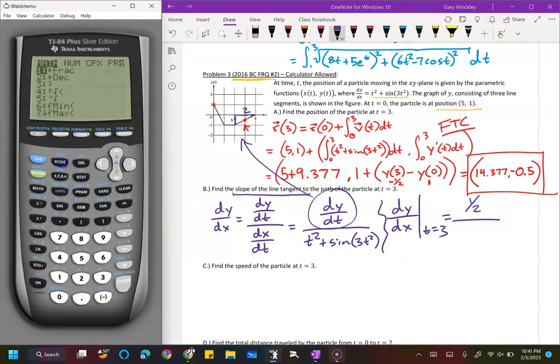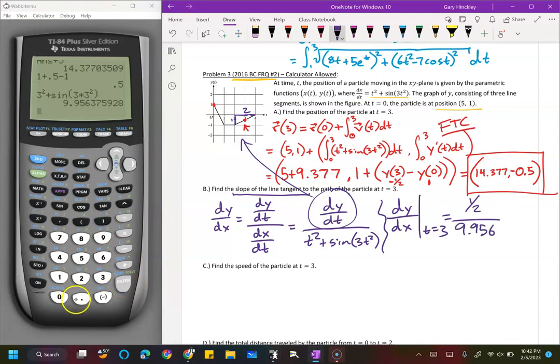Oh, I don't need the integral. I was about to throw it into the integral, but I don't need that because I already have the derivative. That is dx/dt right here. So I can just throw 3 into that. So that's going to be 3 squared plus sine of 3 times 3 squared. And that should give me 9.956.